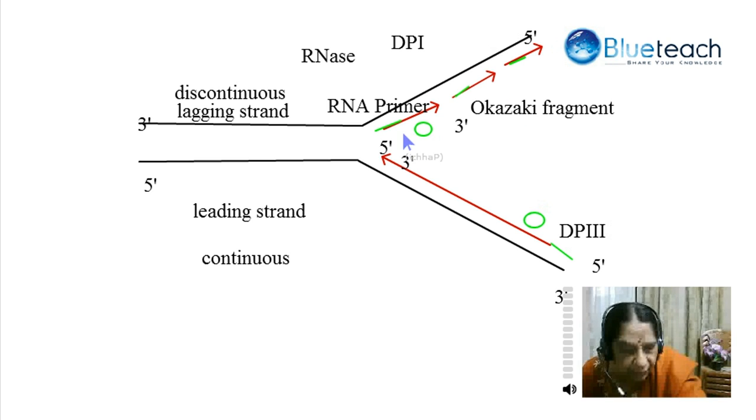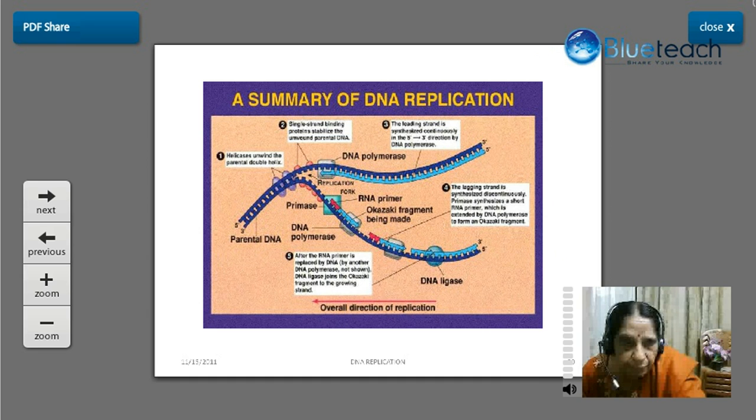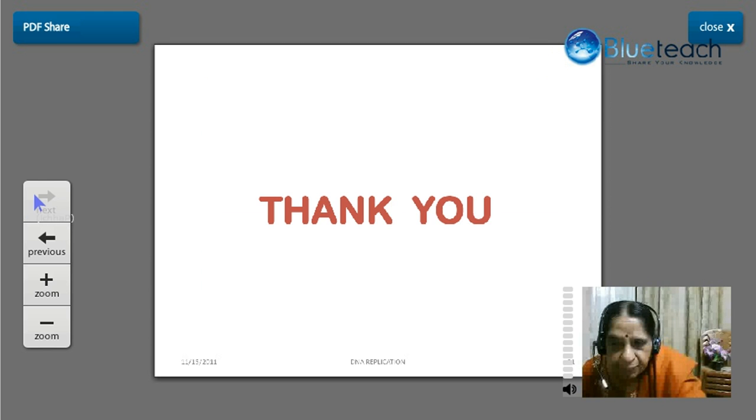Many Okazaki fragments are formed, each having an RNA primer at the 5' end. From these, the RNA primers are removed and the gap is filled by DP1, and then the DNA stretches are sewn by DNA ligase. In this way, the steps of replication have been summarized.